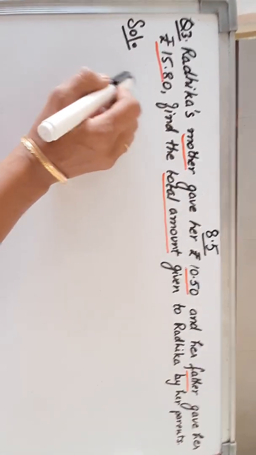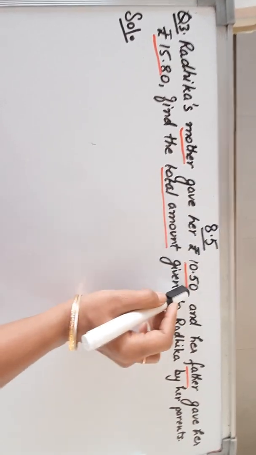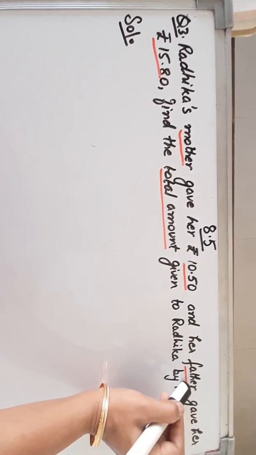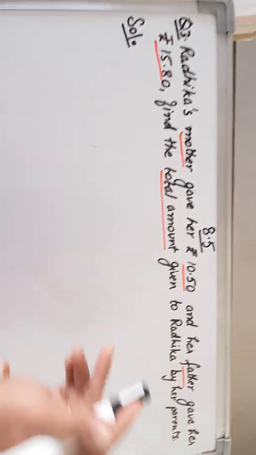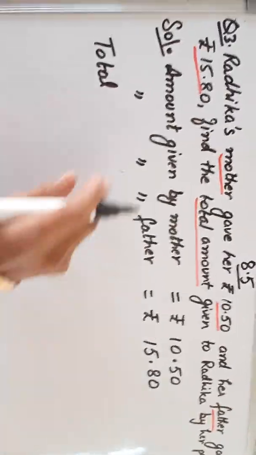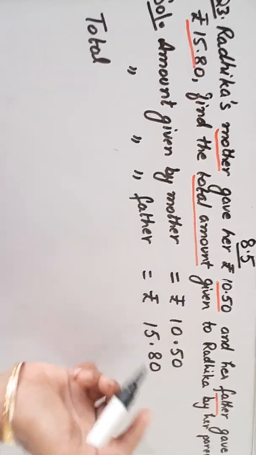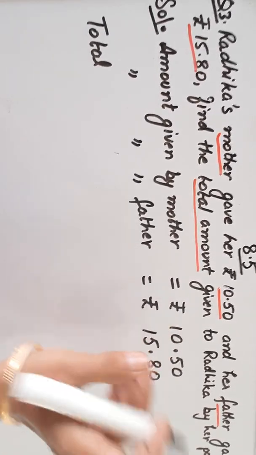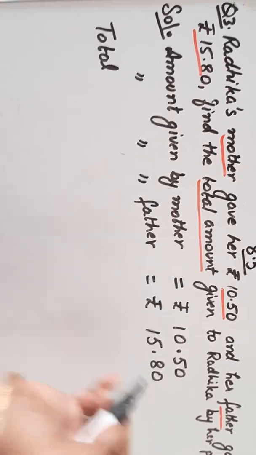So first of all we will write the statements. Money given by mother is equal to this, and amount given by father is equal to this, hence total amount. So let us write down the statements. Amount given by mother is equal to 10 rupees 50 paisa, write them in a proper column way, and amount given by father is equal to rupees 15 and 80 paisa.